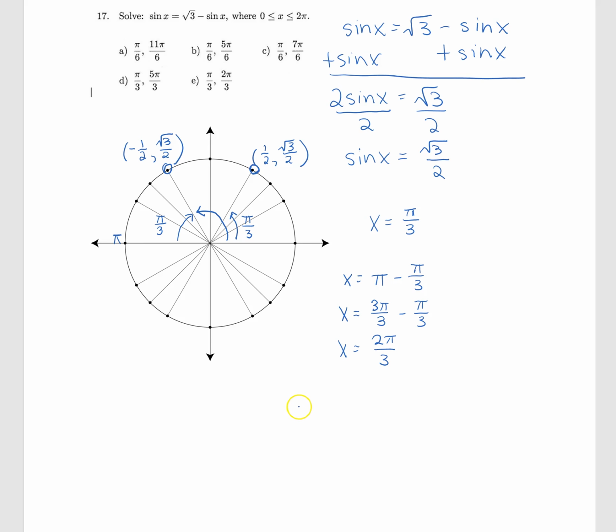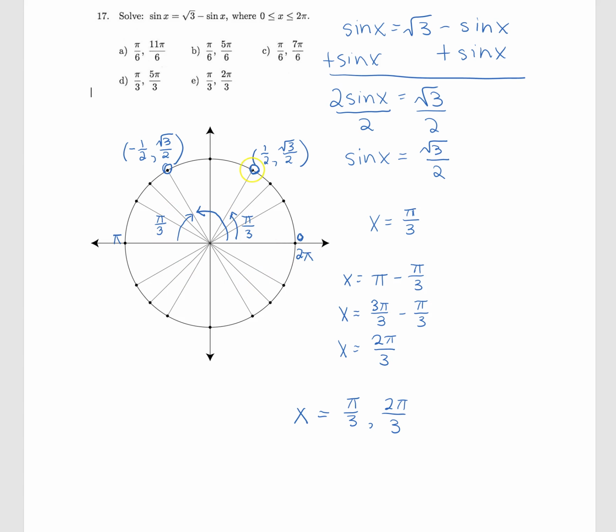So our answers for x are x equals pi over 3 and 2 pi over 3. This is because these are the two angles that fall between 0 and 2 pi, like we've been told. So if we remember, this angle is 0, and all the way around the circle once is 2 pi.